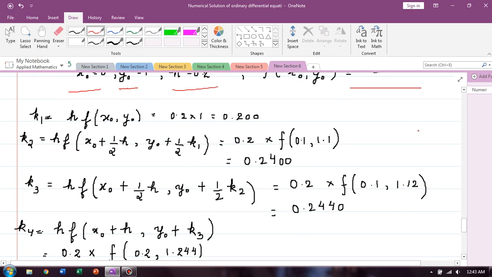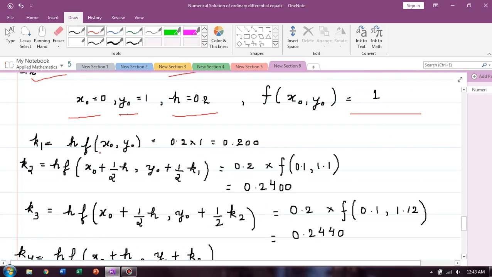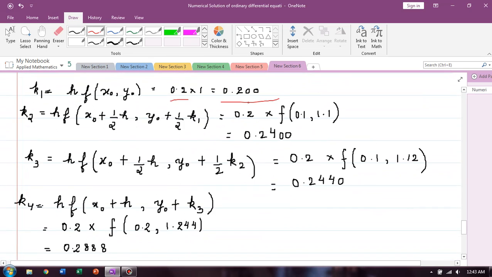The first value that we have to find out is k1. So k1 is equal to h into the function at x naught, y naught. This was 1, so 1 into 0.2, so this is 0.2. It doesn't matter, you can keep it 0.2 only.